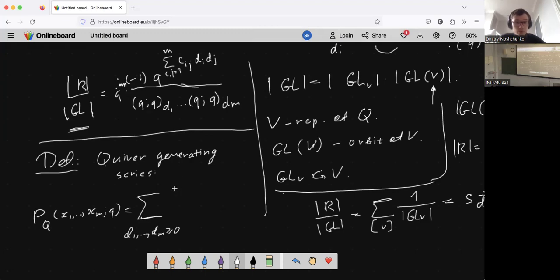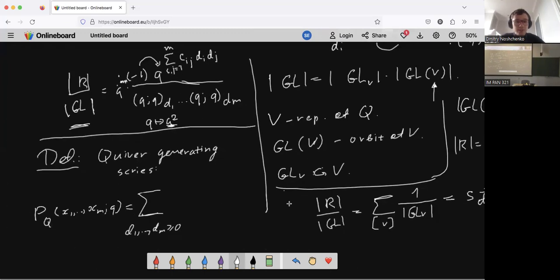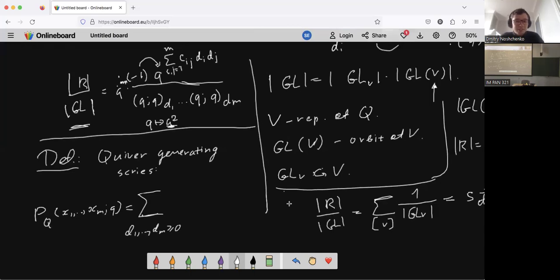What we also want to do is put this minus sign inside here, and the second thing that we want to consider is that we want q to go to q squared. So instead of q, we work with squares of q. This will be very important when we study invariants and other things.